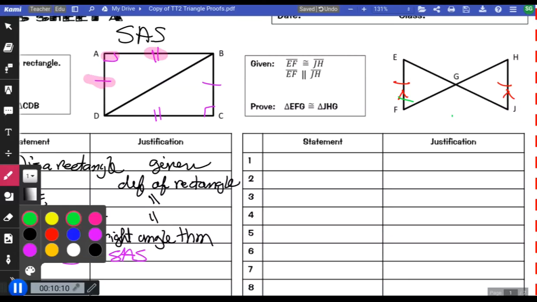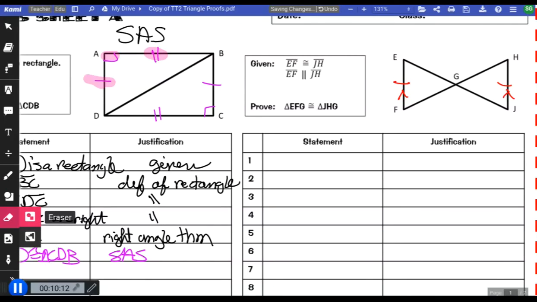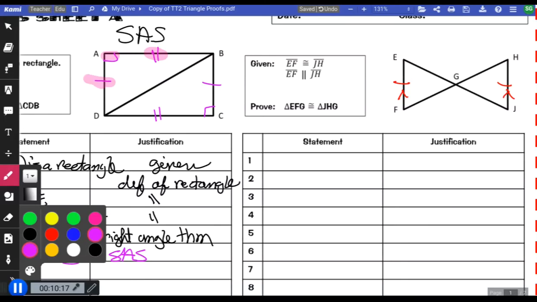Angle E is congruent to angle J, but for some reason it will not let me write in that section. There we go. So angle E and J are going to be congruent because they're alternate interior. F and H are going to be congruent because they're alternate interior. Also, you know that angle G in here, those are verticals.